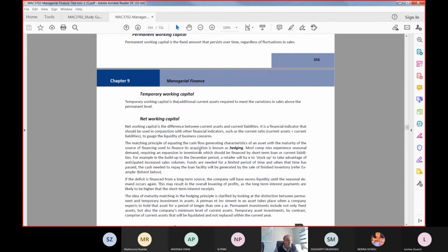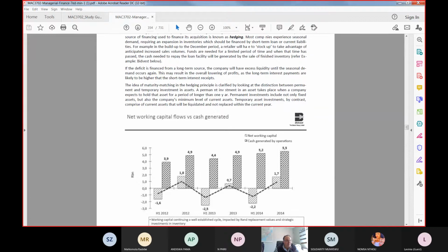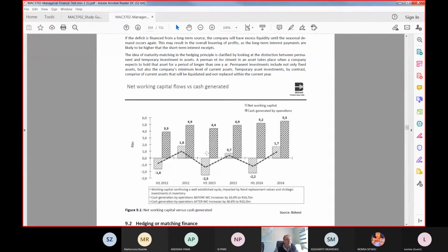Okay. Net working capital, please ignore that. This is with regards to the hedging, which we'll quickly discuss, but it's not examinable. So here is an example of what happens from quarter to quarter to your hedging. Okay, your working capital and your cash generative operation is the darker one. So as you can see, your working capital at the moment is quite low. Okay, but the cash generating for that same period was quite high, causing your working capital for the next period to be positive.